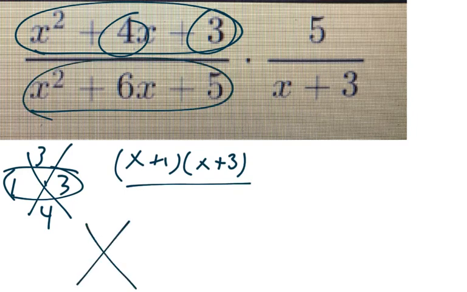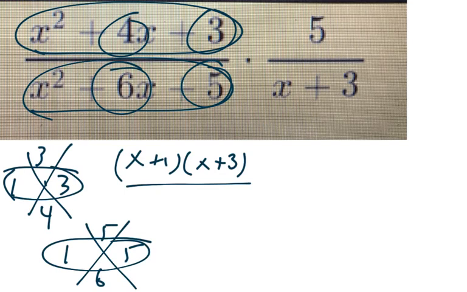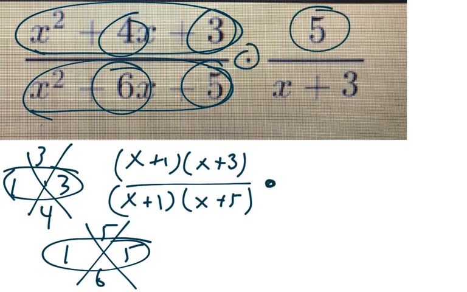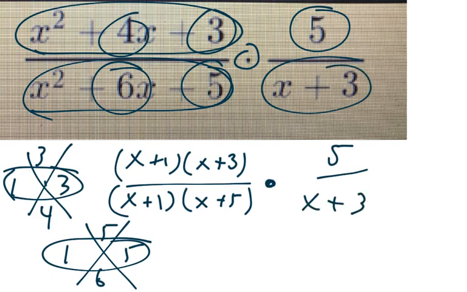I'll do it down here. I need a 5 with a 6. So that means 1 times 5, 1 plus 5 is 6. So I have an x plus 1 and an x plus 5. It's a times, so this stays up here, this stays down here.